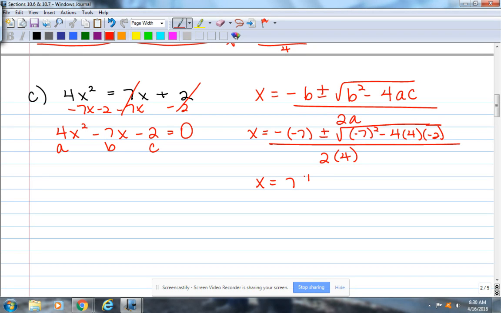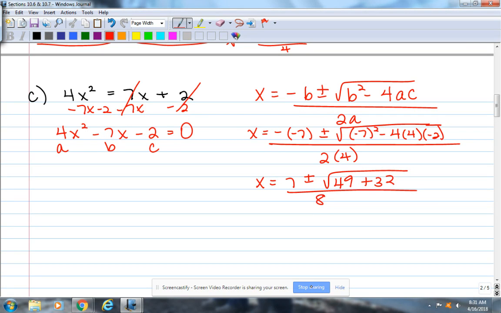So 7 plus and minus the square root of what's negative 7 squared? 49. What's negative 4 times negative 2? Positive or negative? Positive 32. And all of that gets divided by what's 2 times 4? 8.